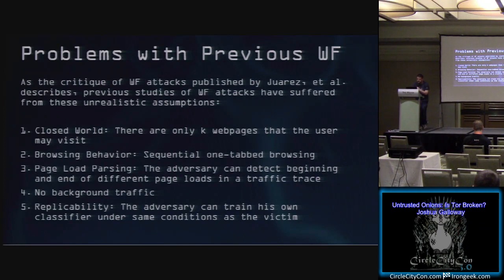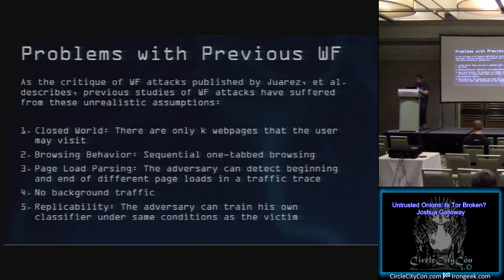It also assumes that the adversary can train the classifier under the same conditions as the victim. Now, the problem here is that the fingerprint would be different based on whether you have different versions of the Tor browser bundle, different localizations of it, and it also assumes the page has not changed at all since you recorded those traffic traces.